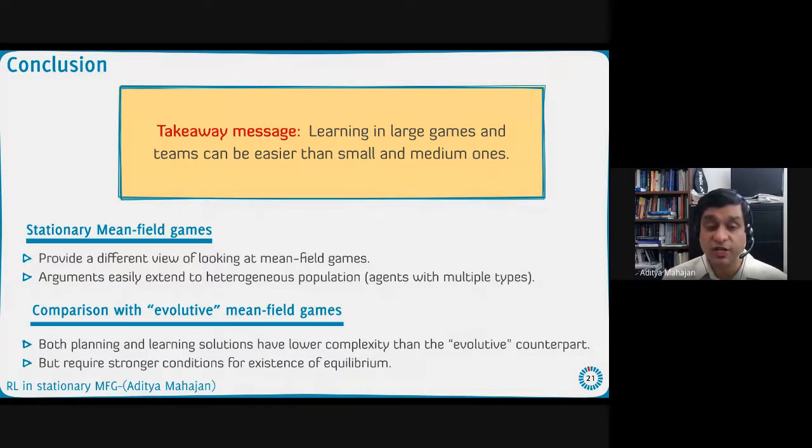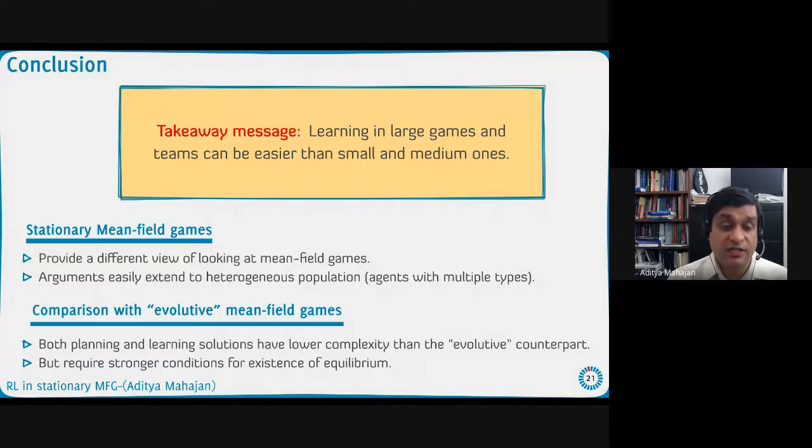I want to now establish existence of equilibrium where the policies converge to a fixed point and players are playing best response to that stationary distribution, while in the evolutive mean field games, the requirements are more relaxed.